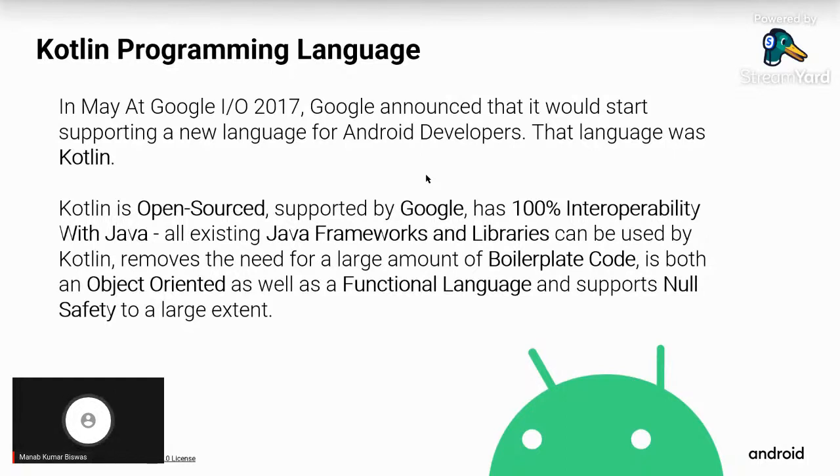Also, Kotlin is, I would say, more efficient than Java because it removes a large amount of boilerplate code. Boilerplate code is a set of lines of code that you would have to repeat again and again, right? So it removes the need for boilerplate code. And one more notable strength would be that Kotlin has both object-oriented as well as functional language constructs, whereas Java only has object-oriented.